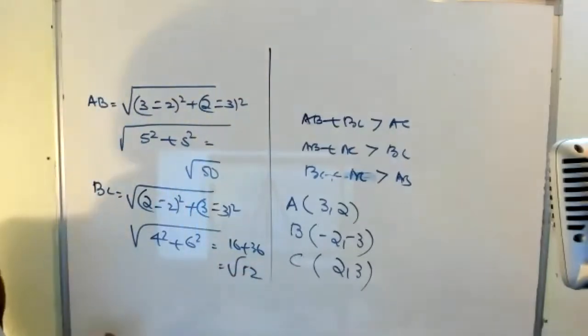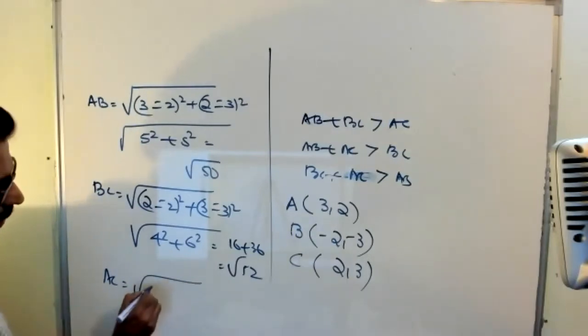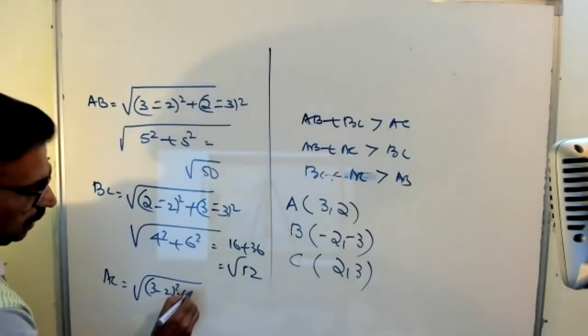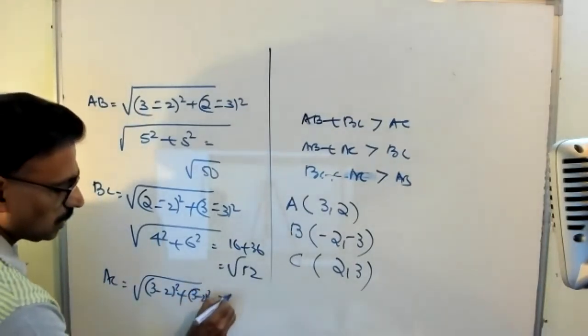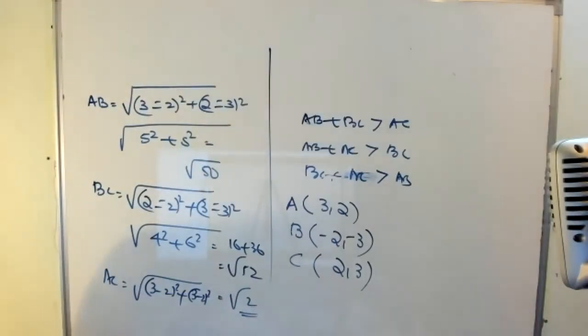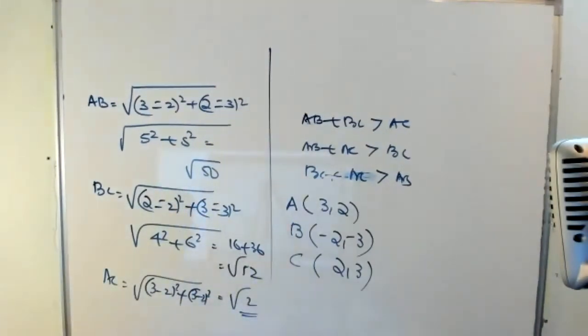Then AC is root of (3 minus 2) whole square plus (3 minus 2) whole square, that is root of 2. So you got AB root of 50, BC root of 52, AC root of 2.